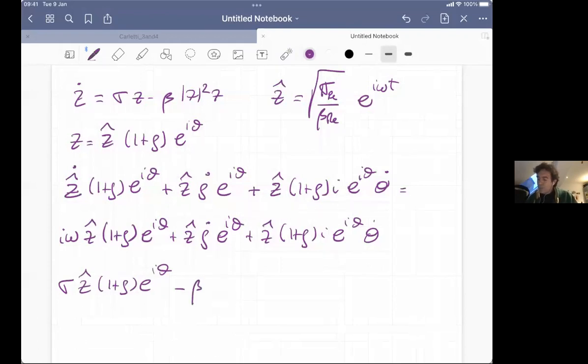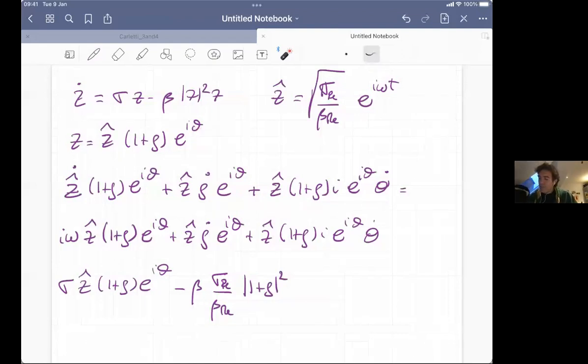The modulus of Z hat, we already know, is the square root of the real part of sigma divided by the real part of beta, times the modulus of 1 plus rho, and the modulus of the exponential is 1 because theta is a real function, so I don't have any terms here.